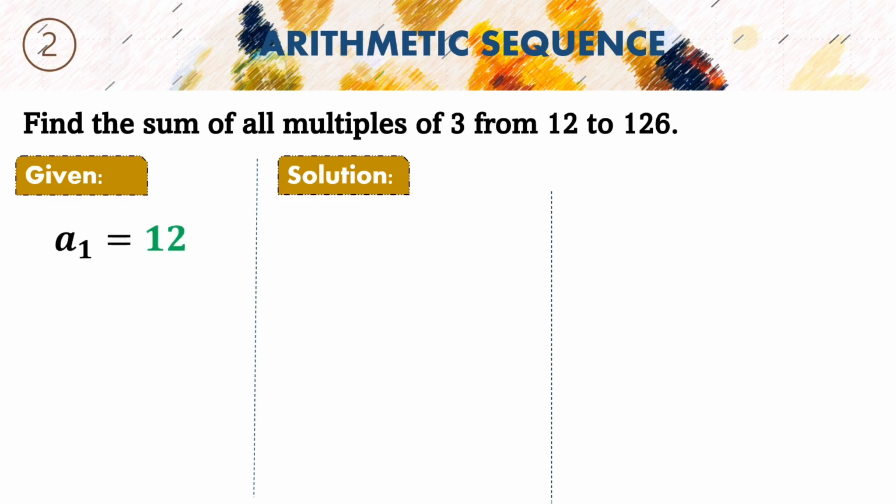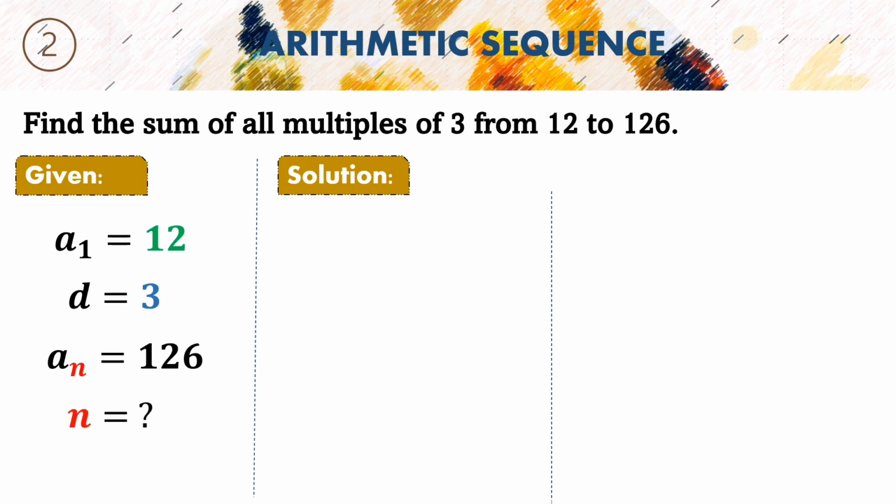And d is 3 because it's multiples of 3. A sub n, which is the last term, 126 is divisible by 3. When you say multiple, it is also equivalent to divisible.